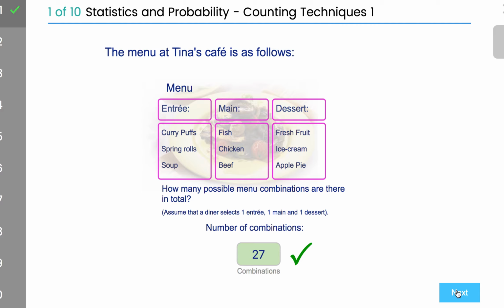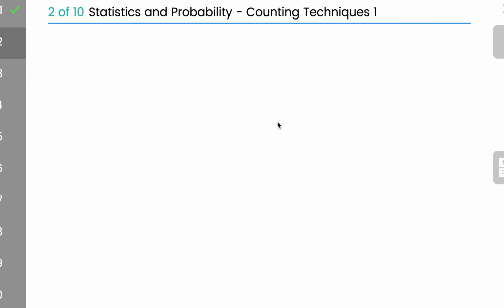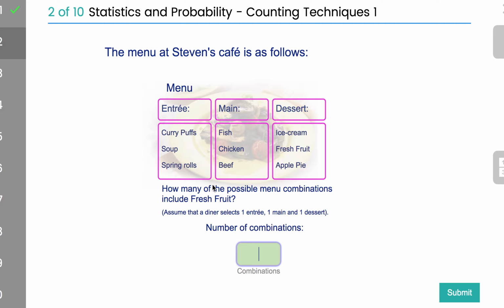Okay. Now we've talked about that, we'll just check for some other questions because there are some tricky ones that come up. Like this one here. How many of the possible menu combinations include fresh fruit? Well, we know that there are 3 times 3, 9, and another 3, 27 different combinations again, same as last time. But how many of those include fresh fruit? Well, they could have 3 times 3 again, any entree and main combination, so that's 9.